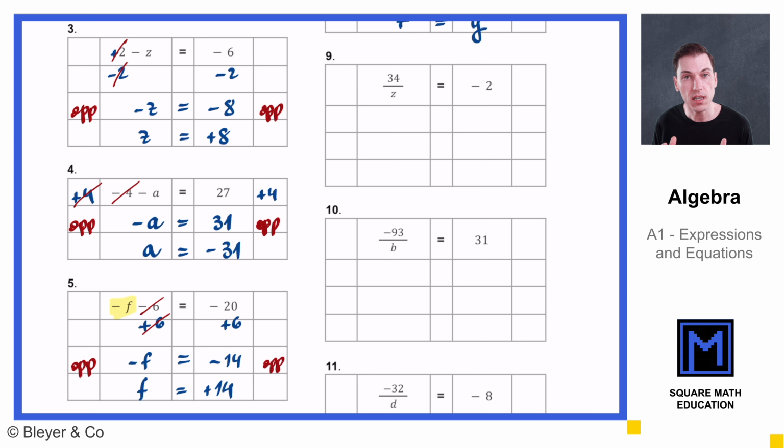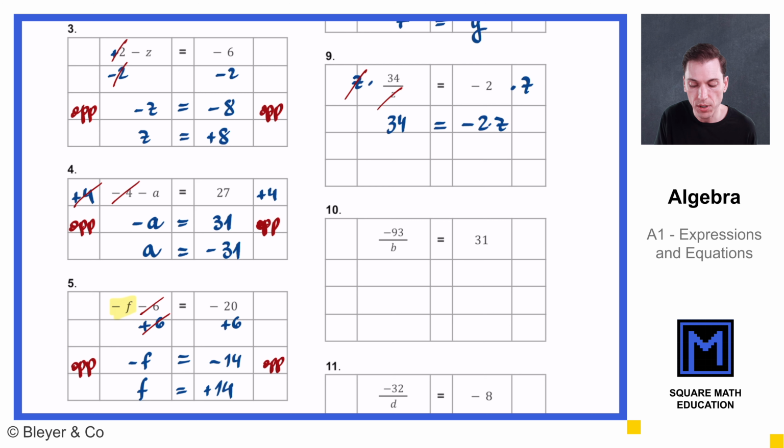Next, in a similar manner, 34 divided by z equals negative 2. If you divide by z, the inverse operation is multiplying by z. So let's multiply by z on one side of my equation, multiply by z on the other side of my equation, equal sign, z divided by z is 1, same amount divided by the same amount. So we have 34 left. On the other side of my equation, negative 2 times z.